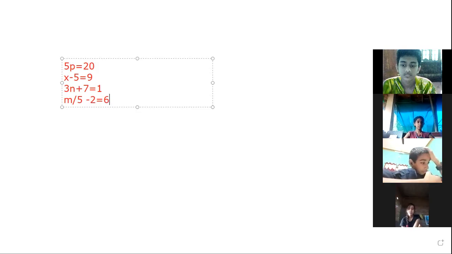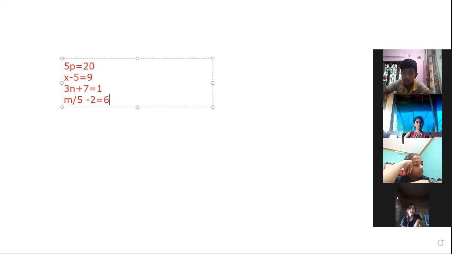After that we are subtracting 2 from 1 by 5th of m. Then our answer should be 6.